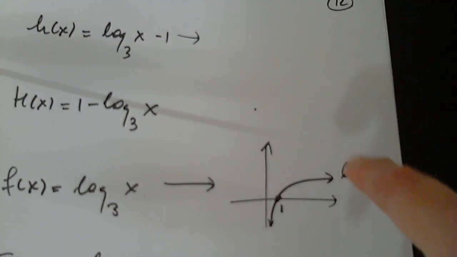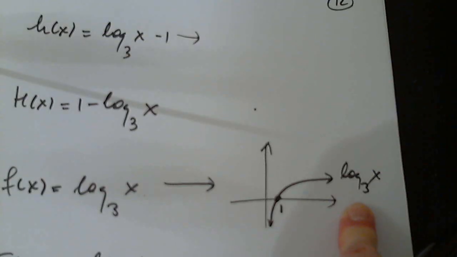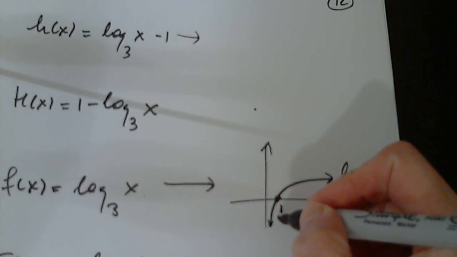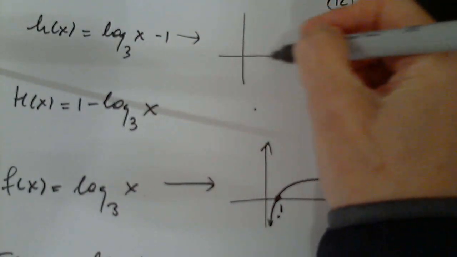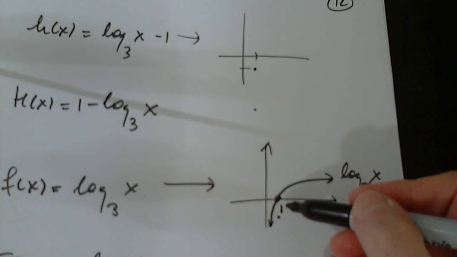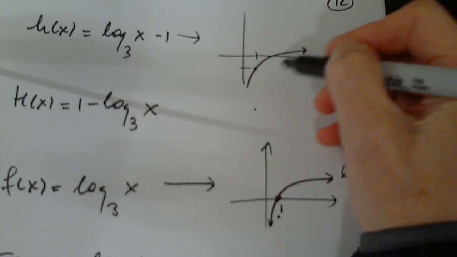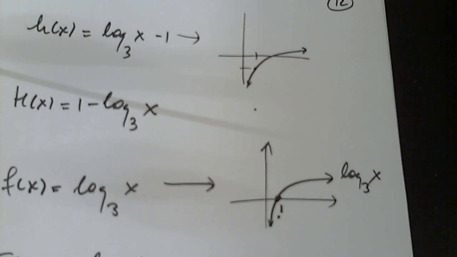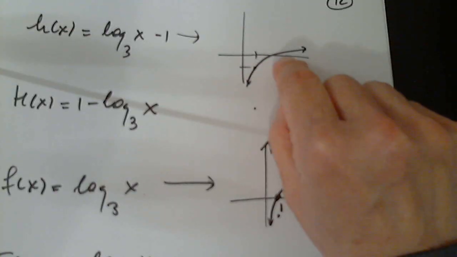Moving on. So let's come back to this one. What does this do to the original base graph? We're not changing x, we're changing y. So would it go down 1? Exactly. So this point now moves here at 1, negative 1. And this is the graph. No asymptote change.